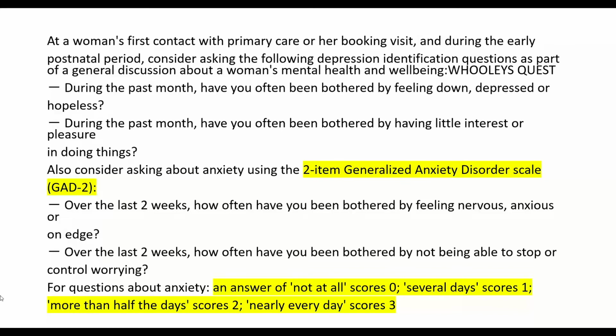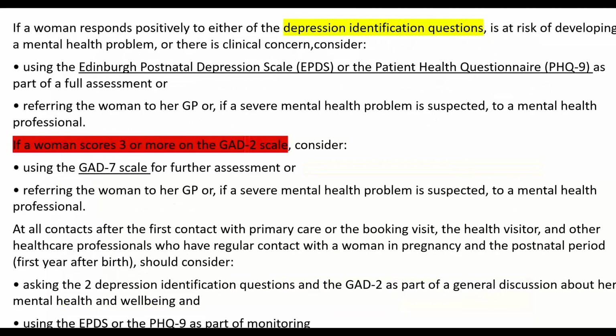If she says not at all, the score is 0. Several days, the score is 1. More than half of the days, the score is 2. Nearly every day, the score is 3. When the score is 3 or more on the GAD-2 scale, use the GAD-7 scale for further assessment.